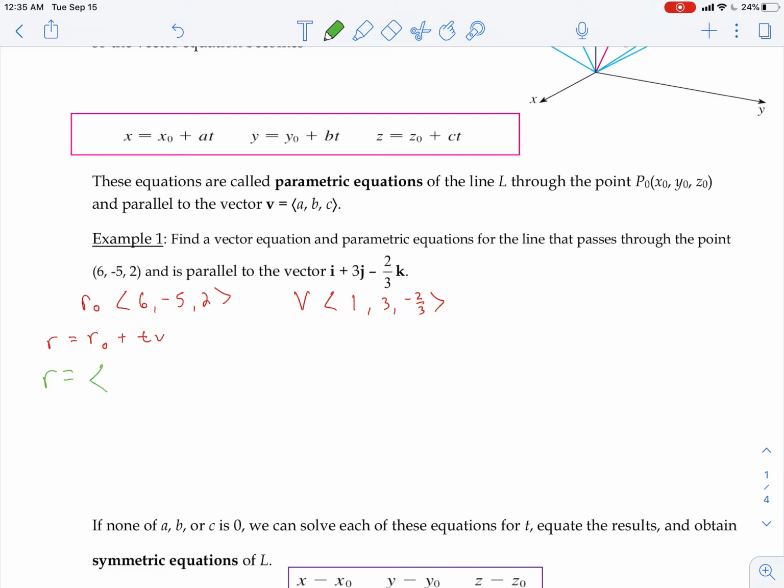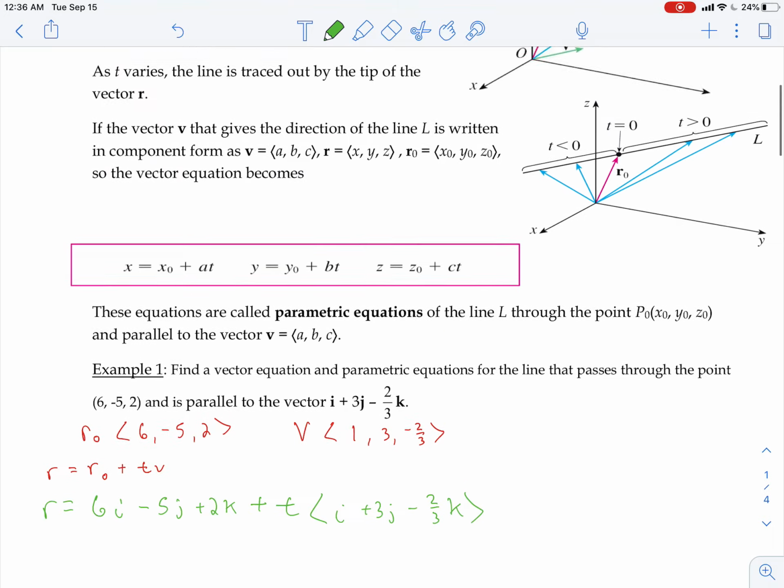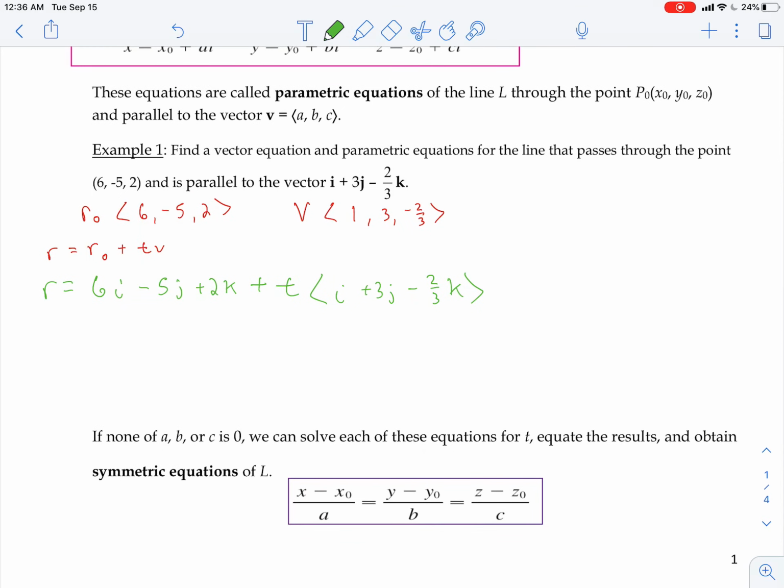And so r is equal to, I'm going to write this in standard basis form, 6i minus 5j plus 2k, and then plus t times i plus 3j minus 2/3 k. Sorry about that, there's something on the screen.